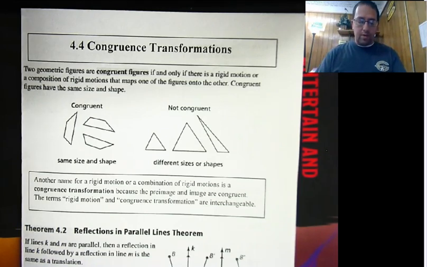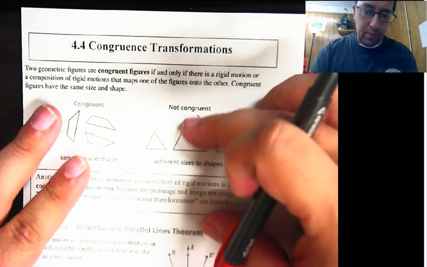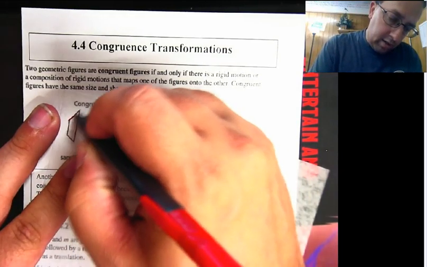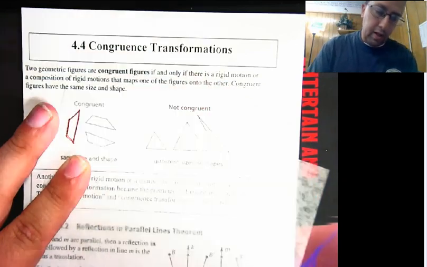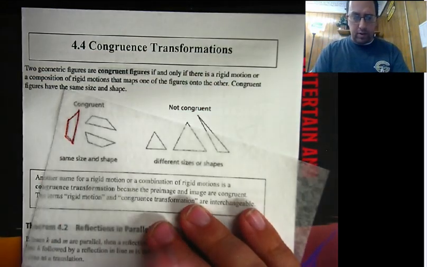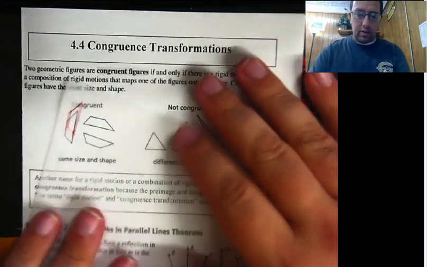Same size, same shape. So what I am going to do, real quick, I am going to use some patty paper here. This is basically just a tracing paper that's been cut down into a 5x5 square, so it's nice and convenient. And I'm going to trace this one and show you that I can just use transformations.